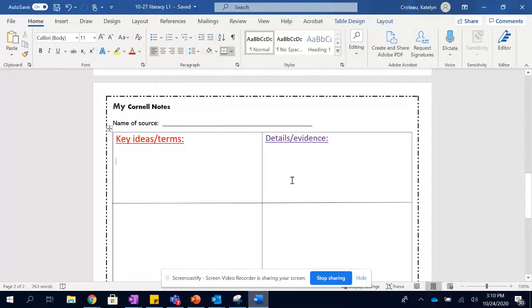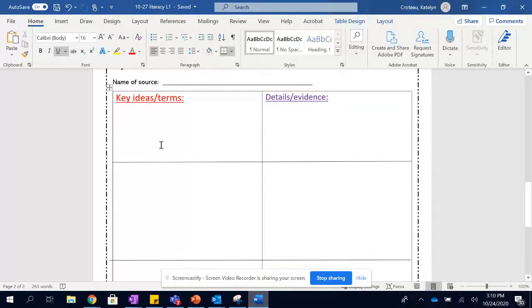Over here on the opposite side, this is where you're going to go back to your text and look for evidence of whatever you wrote here. Okay? And so these don't even need to be complete sentences. They're just things that the text said about whatever your key idea is. Little pieces of evidence, okay? It can be just a few short words. It can be more than that, but whatever tells you what you need to know.